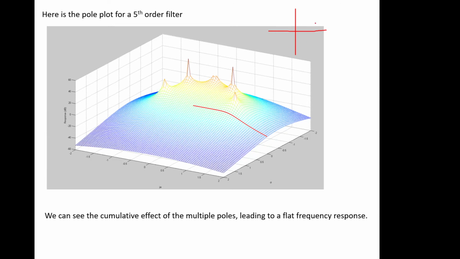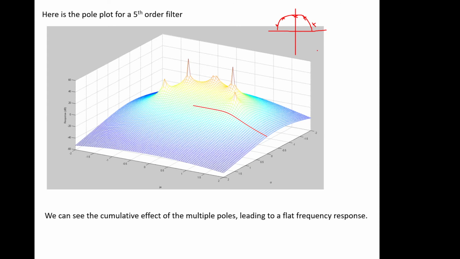We've got a pole here, a pole here, a pole here on axis, and then we've got conjugate ones here and here. Well, I'm just going to move over a bit, but they're on a circle if you view them from above.